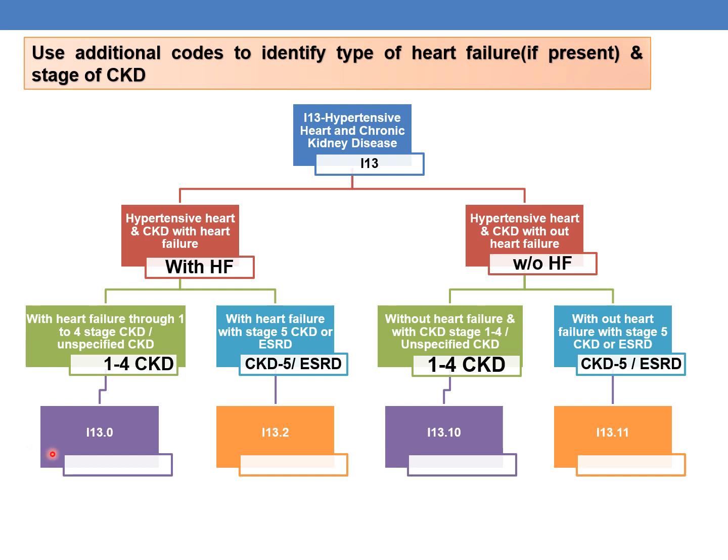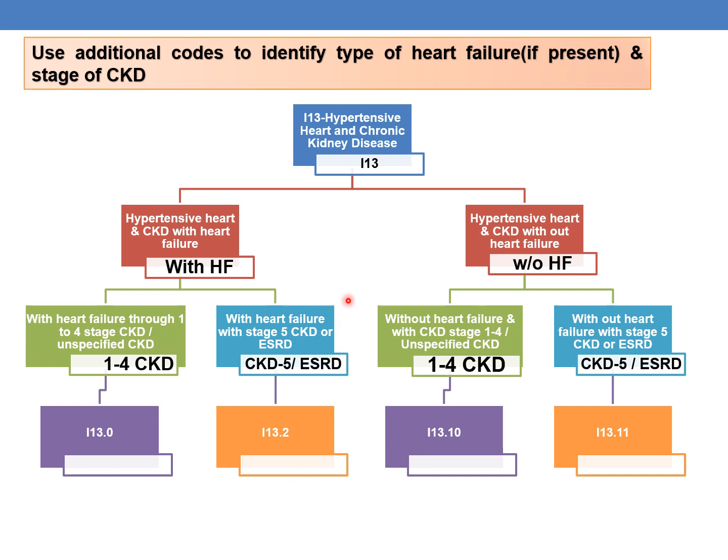Then you need to code first I13.0 followed by code for heart failure from I50 series, then code for CKD from N18 series. Therefore, three codes are required whenever patient is suffering with heart failure and CKD.